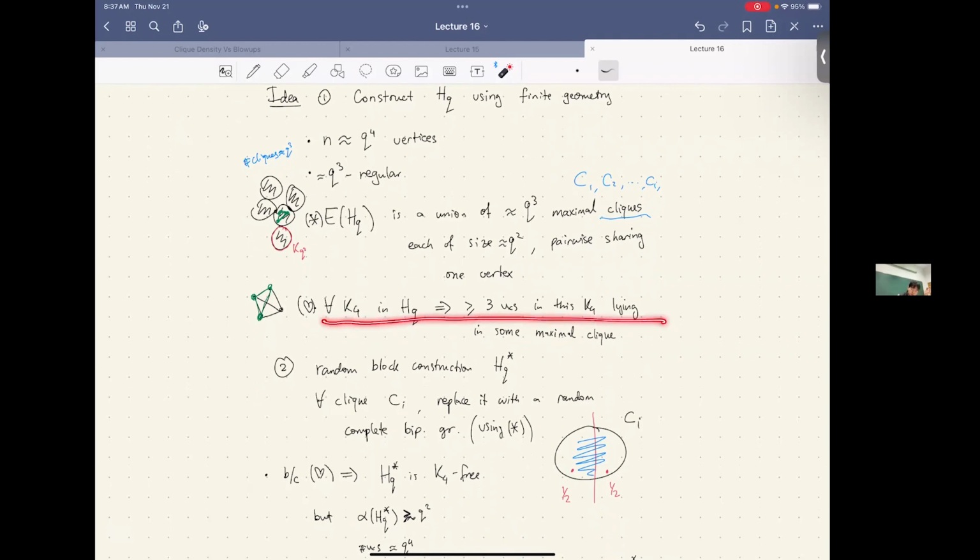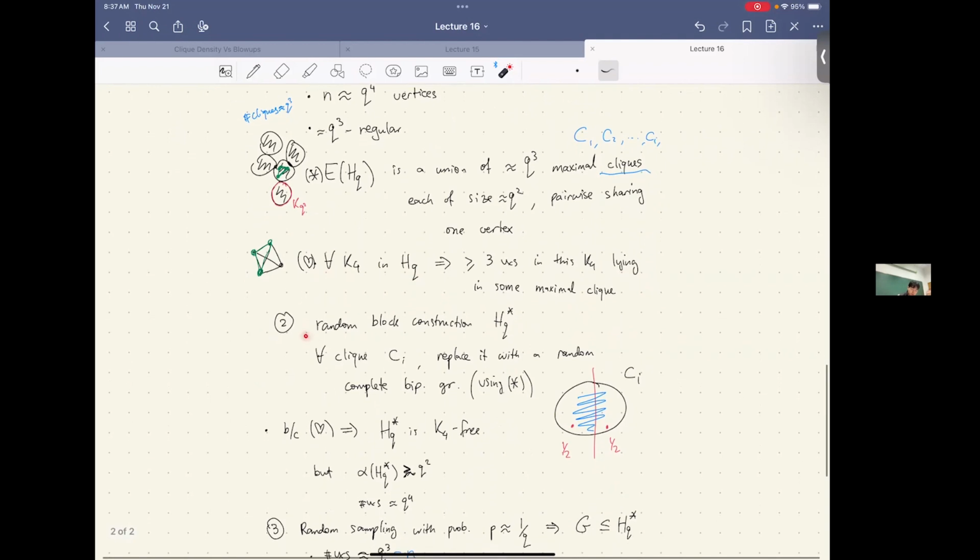Then because of this last property, the resulting graph is K4 free. This is what the random block construction is doing in the second step. For every one of these cliques C_i, you uniformly randomly partition the vertices into 2 parts, and then you add all the edges going across. Now we call this graph HQ star, and it's K4 free.